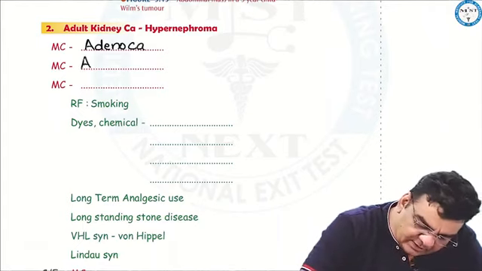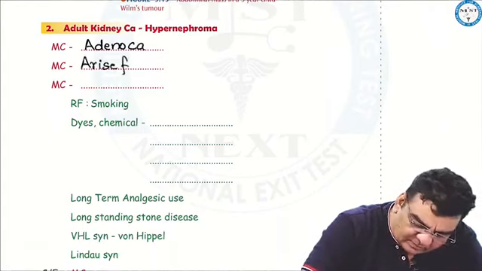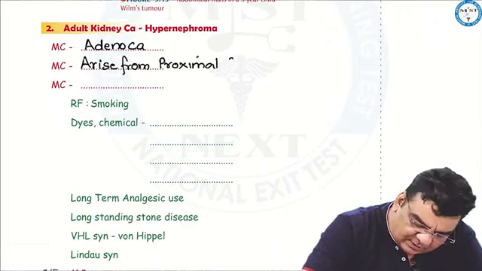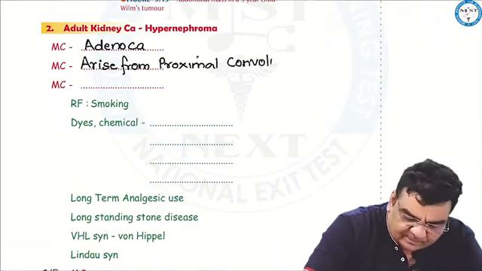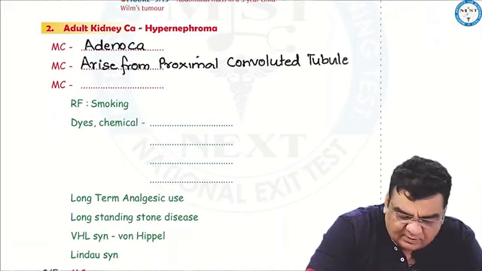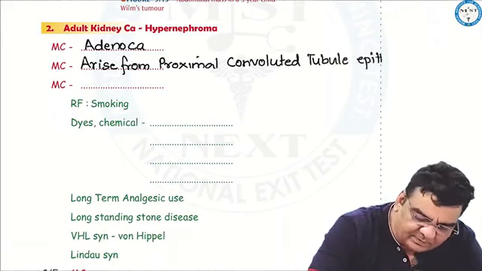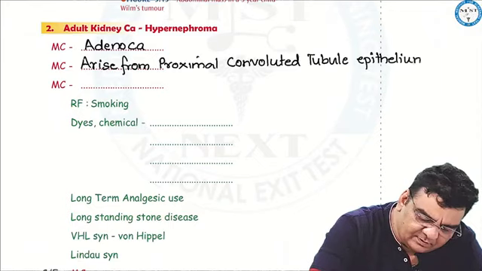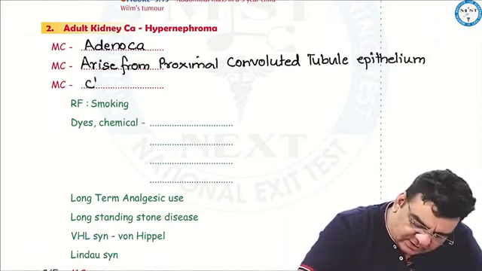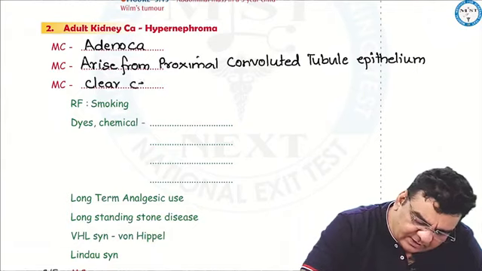Most commonly, it arises from the PCT, that is the proximal convoluted tubule epithelium. Most commonly, it is a clear cell type.